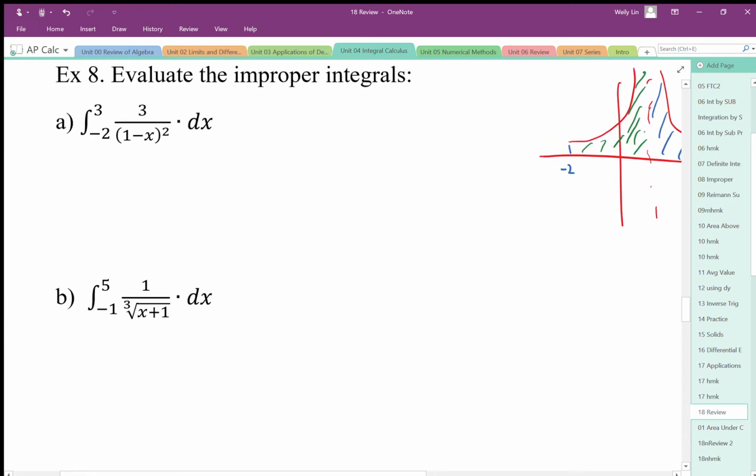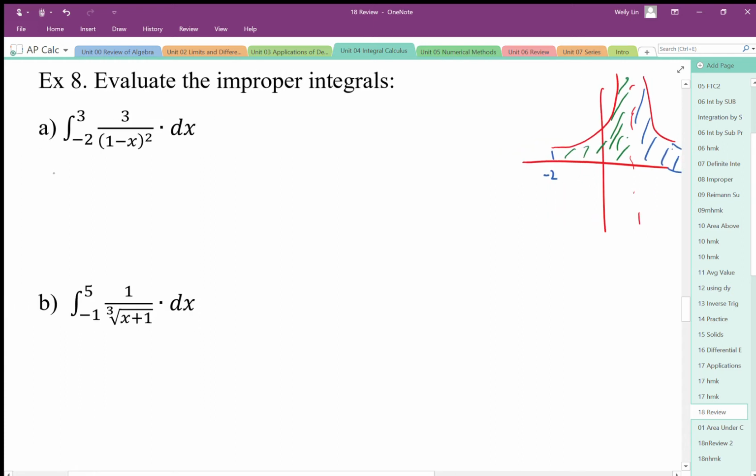Okay, so this then becomes the limit. I'll do the green part in green. Limit as a goes to 1 from the negative side, the integral from -2 to a of 3 over 1 minus x squared dx.